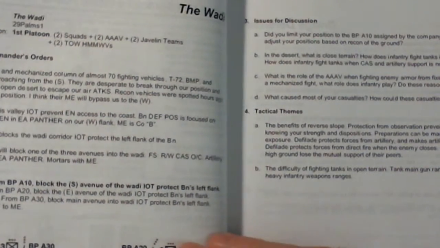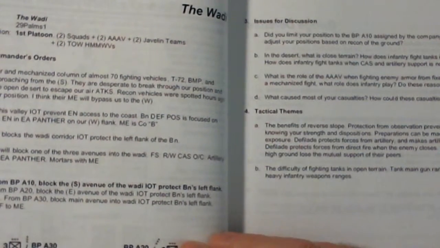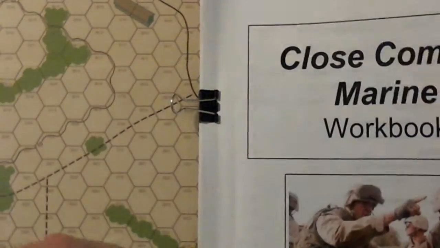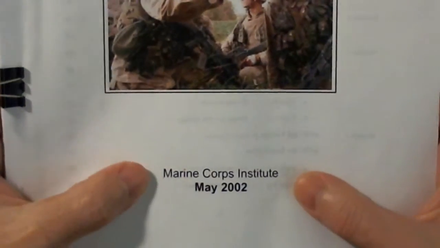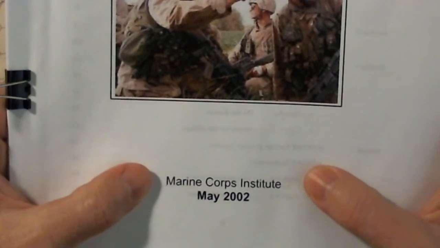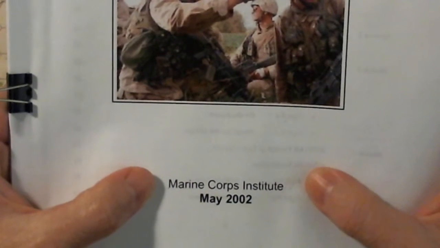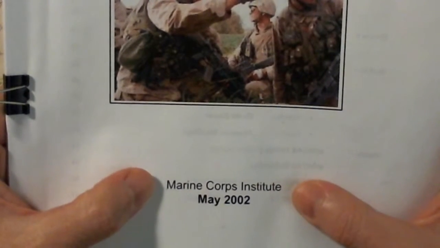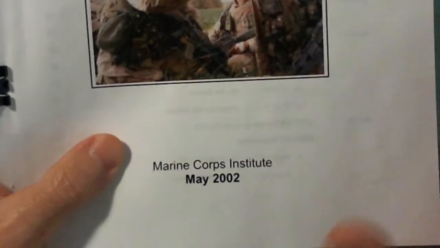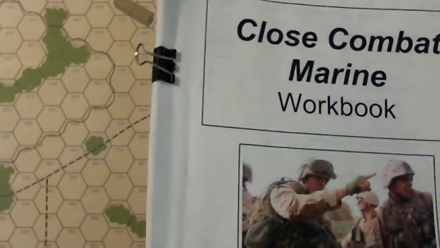So then I'm like, wow, where did this come from? So I'm looking at it. Marine Corps Institute. That's good. That's a valid and commendable source, right? Recent. Okay, May 2002. That's good.